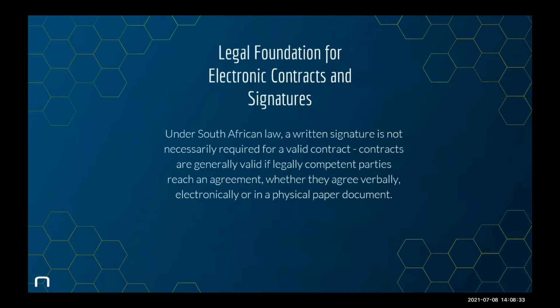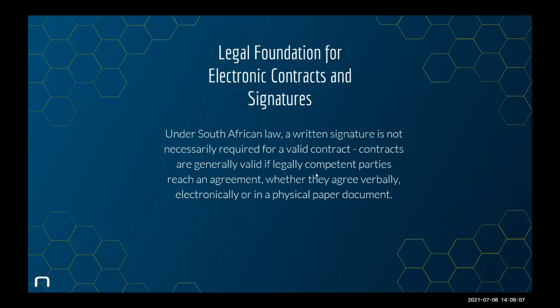Now, we start to look at the legal foundation for electronic contracts and signatures. And here we're going to specifically refer to South African law. In our law, a written signature is not necessarily required for a valid contract. Contracts are generally valid if legally competent parties reach an agreement, whether they agree verbally, electronically, or in a physical paper document.